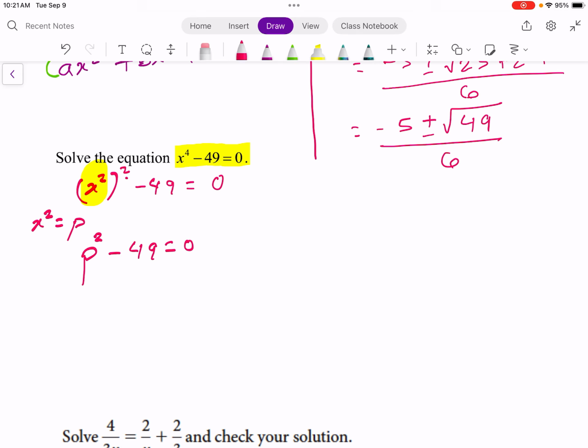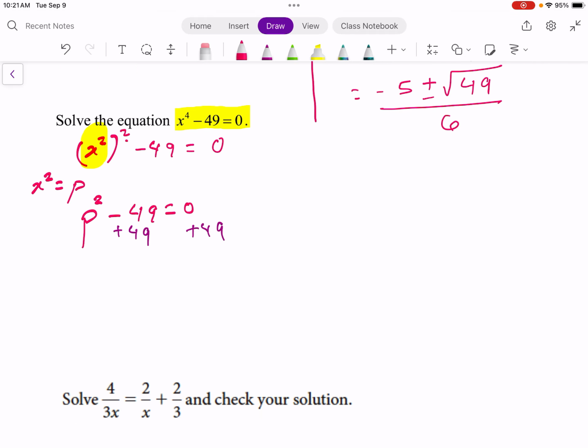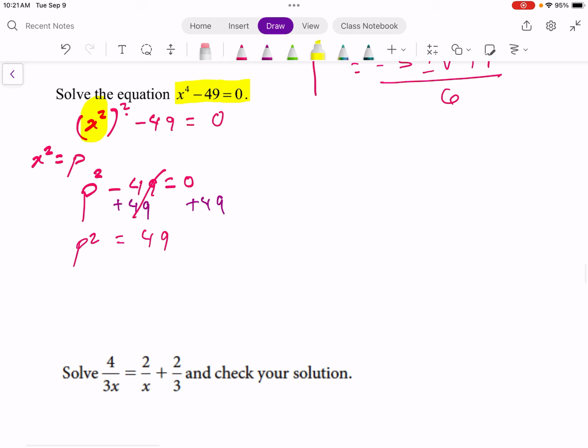So we rewrote our equation in quadratic form: p squared minus 49, this is quadratic form. Now let's solve this quadratic equation. You can add 49 on both sides, so p squared equals 49. We are solving for p in this case, and the only thing we need to get rid of is the square.